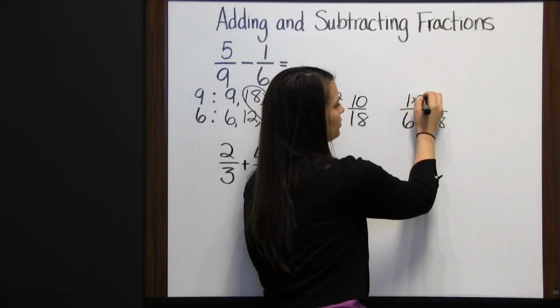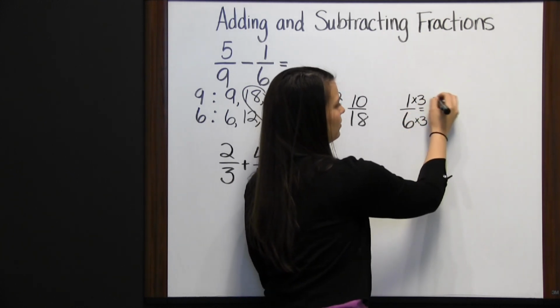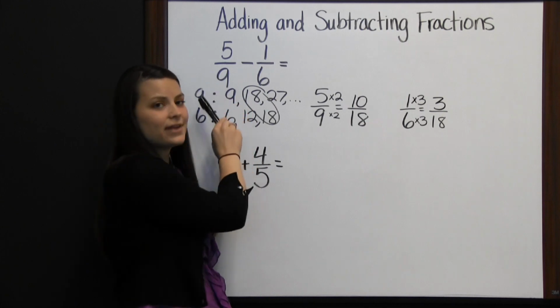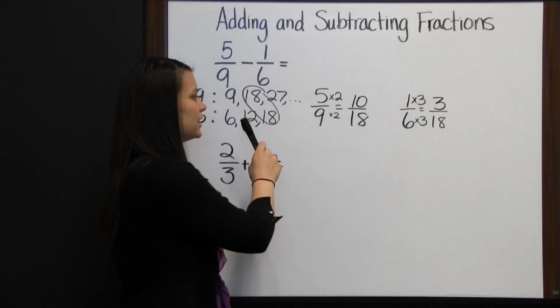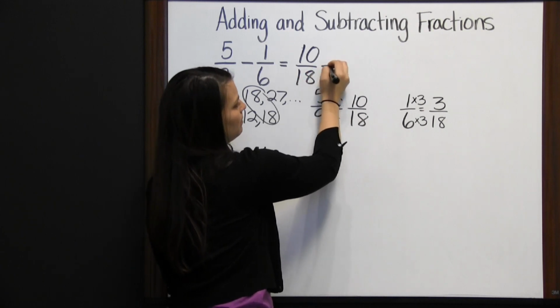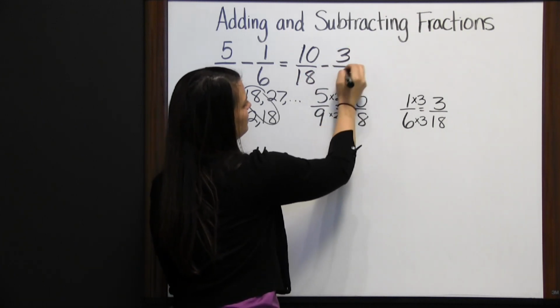So we must also multiply our numerator times 3, and we get 3/18. So that means that 5/9 minus 1/6 is equal to 10/18 minus 3/18.